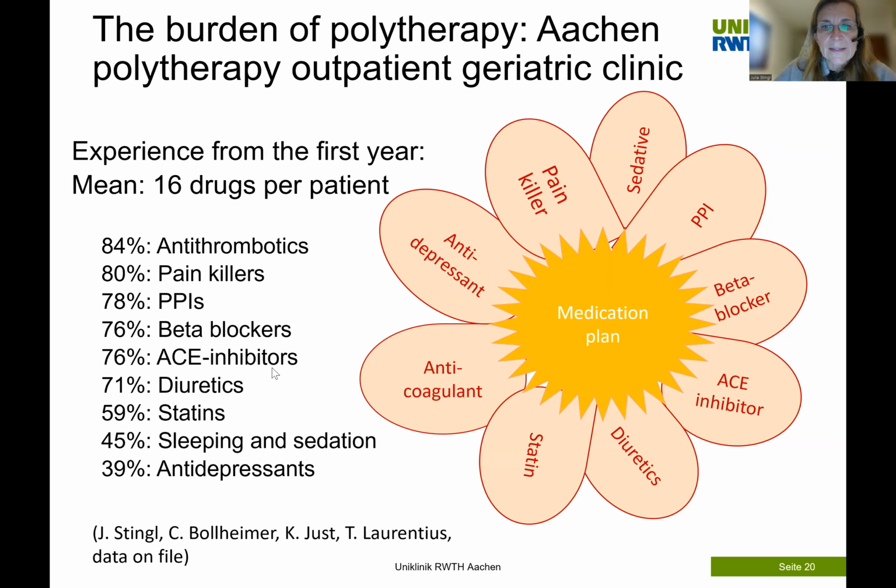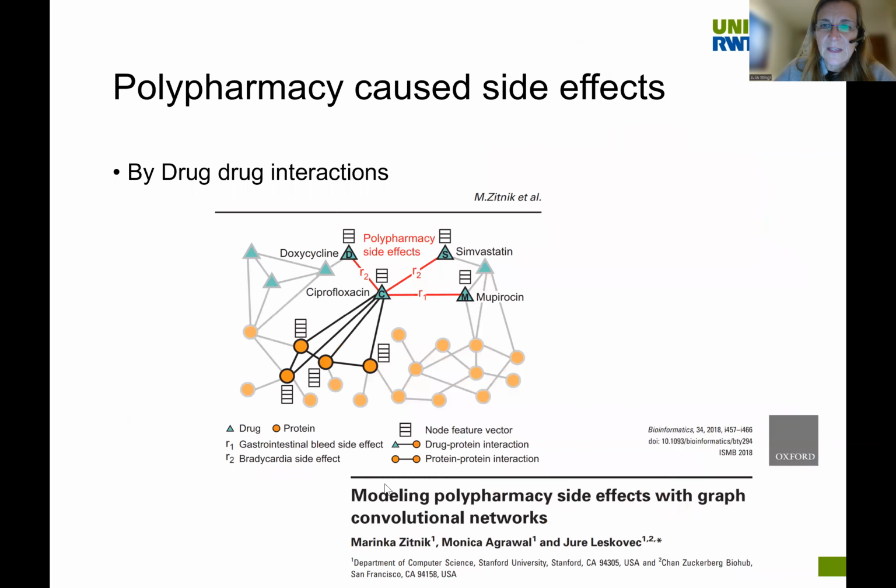And the analysis of drug interactions of such complex polytherapy patterns is certainly not possible anymore with normal methods of regression analysis. It gets more difficult. And we think that we will need the methods of data science for analysis of these drug-drug interactions. One example of how this can be done with a graph model was published by the Stanford group for assessment of drug interactions, originally for detecting new drug targets and repurposing, but this model or similar models could be developed and used for the assessment of polymedication in the real world.